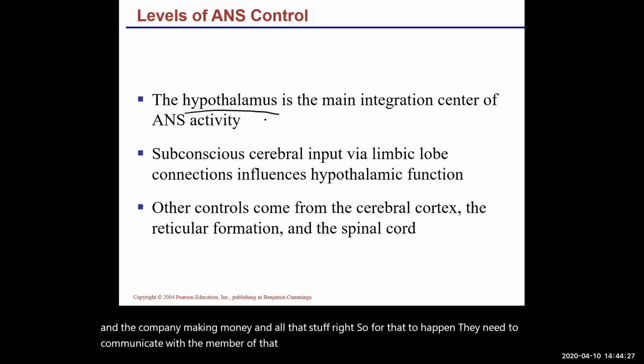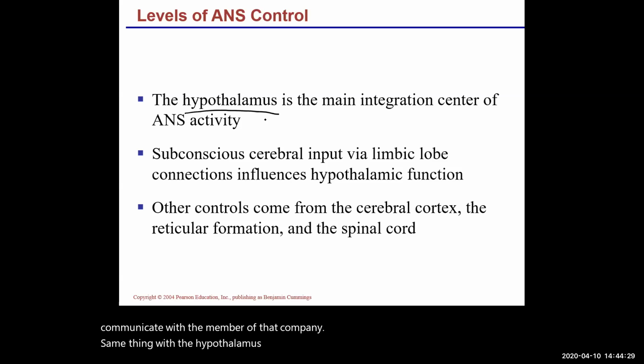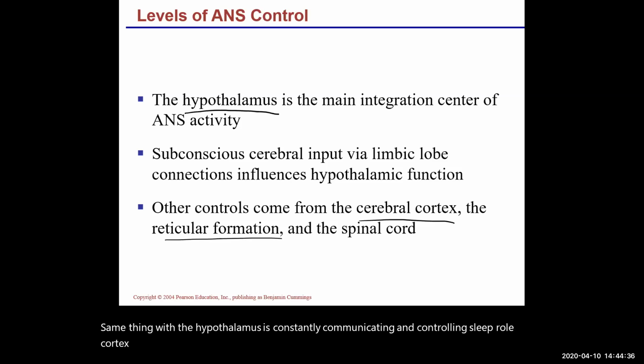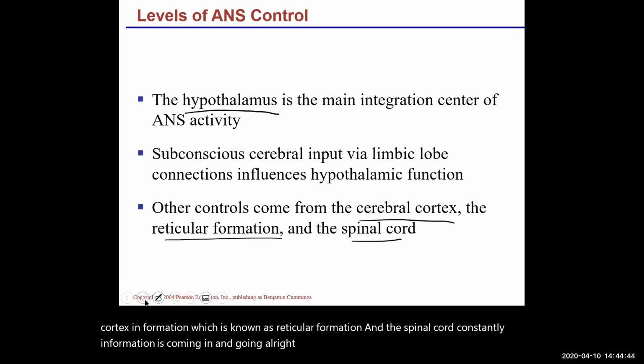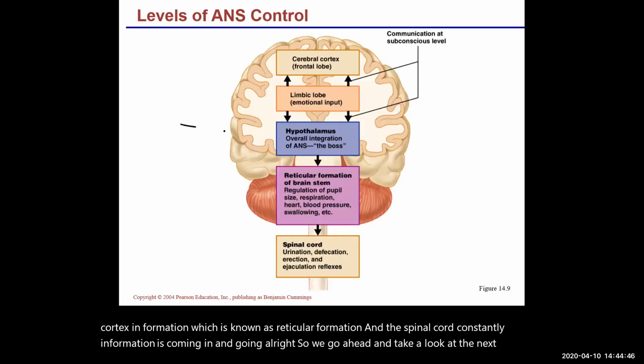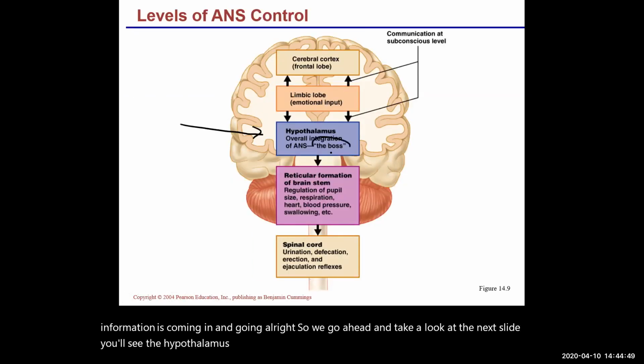Same thing with the hypothalamus. The hypothalamus is constantly communicating and controlling cerebral cortex information, which is known as reticular formation, and the spinal cord. Constantly information is coming in and going. All right. So if we go ahead and take a look at the next slide, you'll see the hypothalamus, also known as the boss. All right.